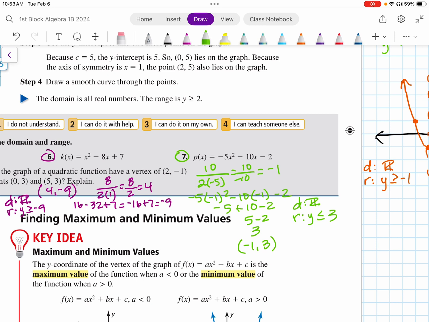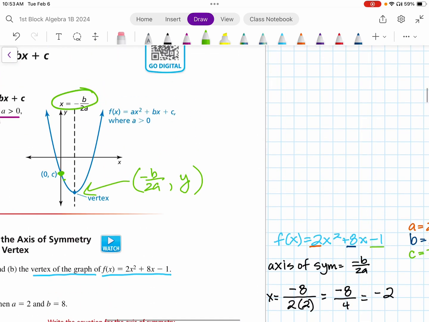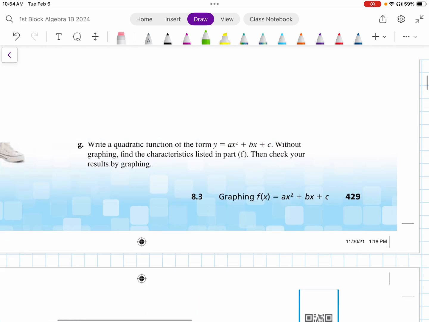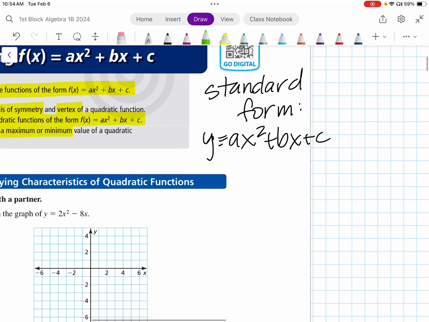That is our entire lesson for today. This is going to be something that takes a little bit of practice. Okay, what is the most important thing to remember? I'm going to go back up to the very beginning where our learning target is. Standard form, y equals ax squared plus bx plus c. We have to remember to find the axis of symmetry.